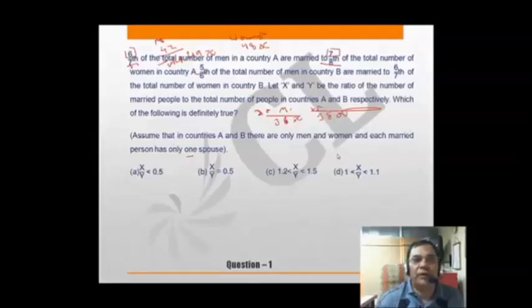So first of all, the total will become 97 upon 84, and the other will become 60 upon 71.